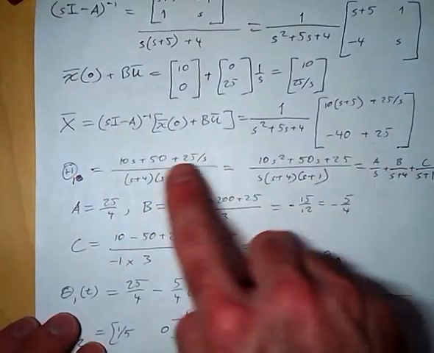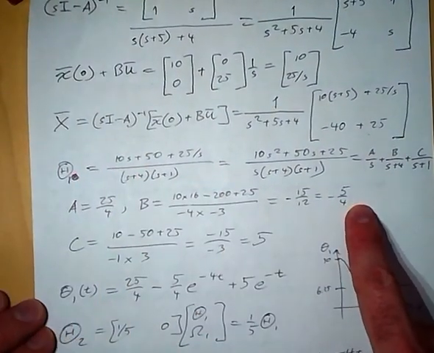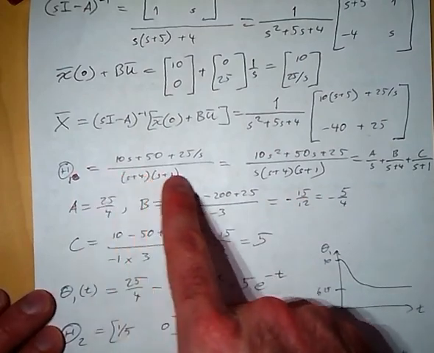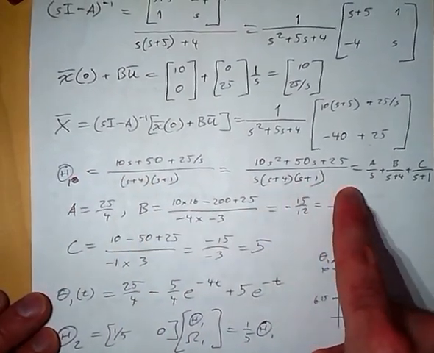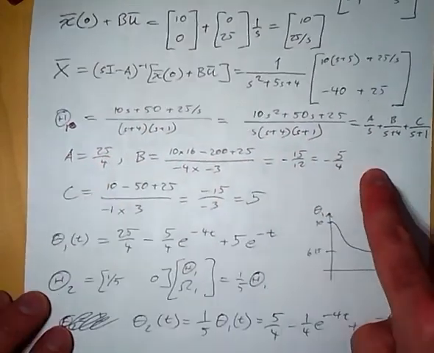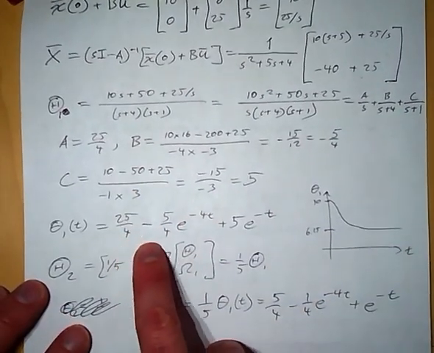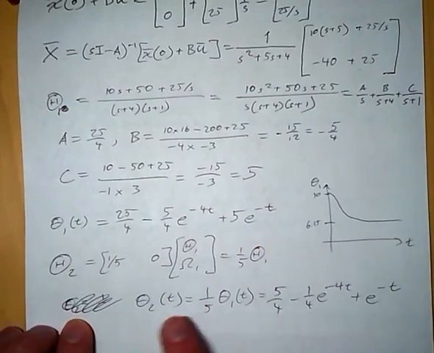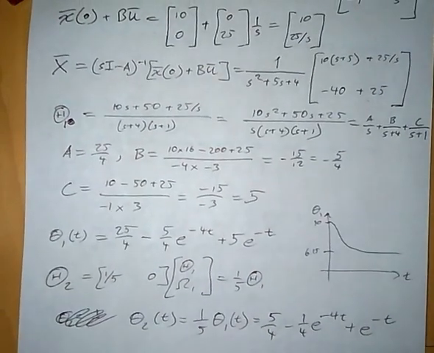And so once we had those values, we found the Laplace transform of the state vector, and that allowed us to get the Laplace transform of the state variables. Taking the partial fraction expansion allows us to perform the inverse Laplace transform for our state variable. So that gave us theta 1 as a function of time. And from that we could get theta 2 also as a function of time.